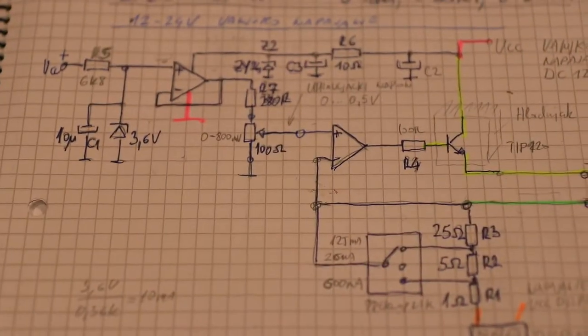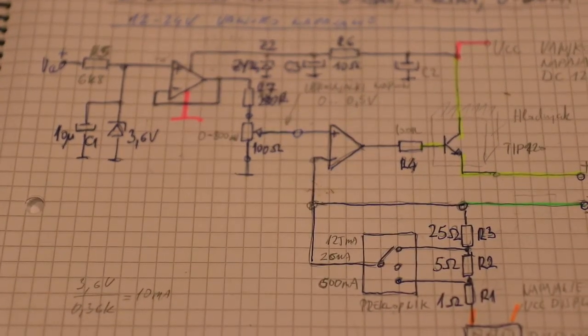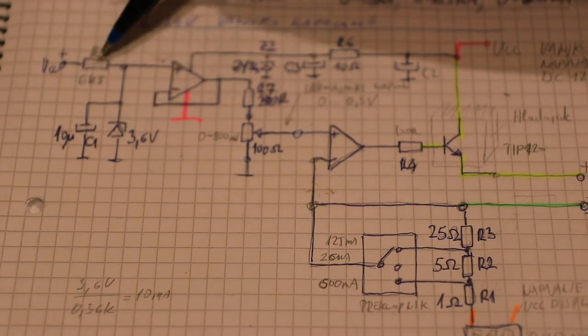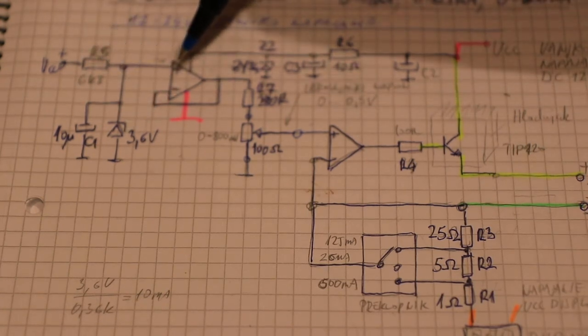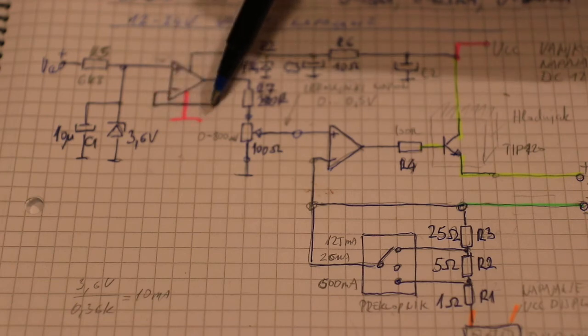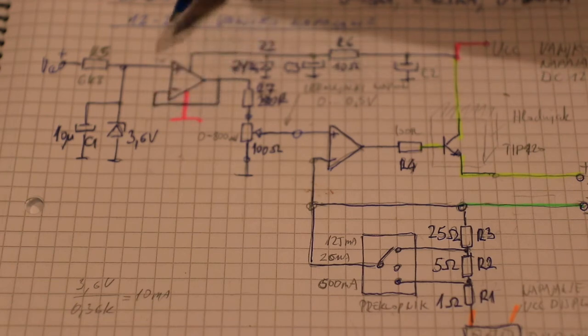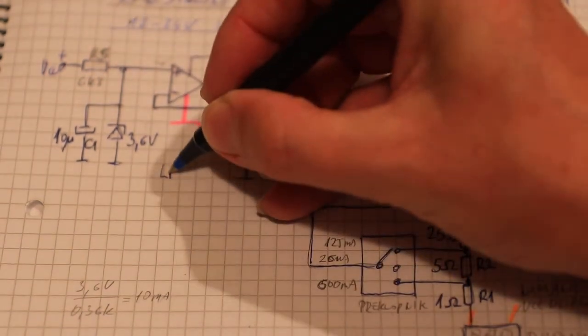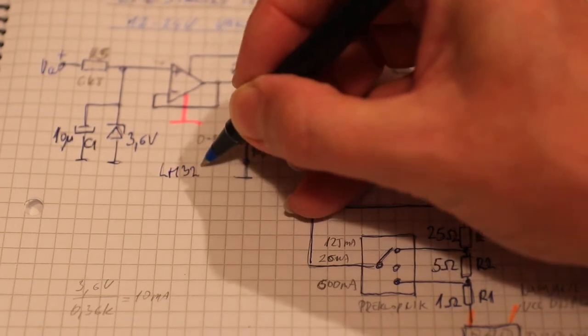And that looks like this. That is our complete circuit. Zener diode, a resistor, that is operational amplifier 1. It is one chip because the used amplifier is LM3424.